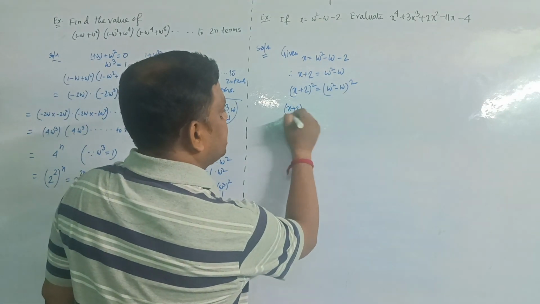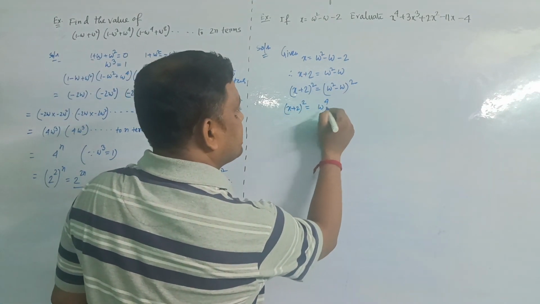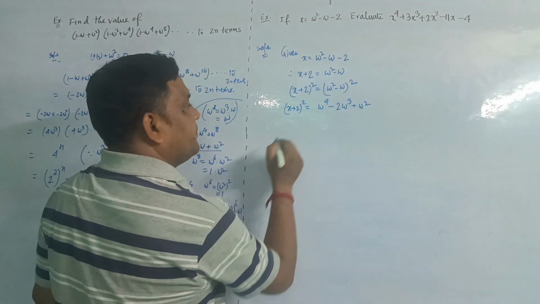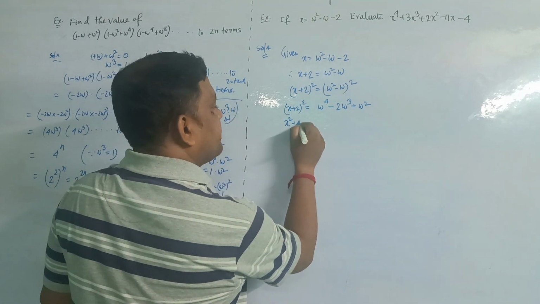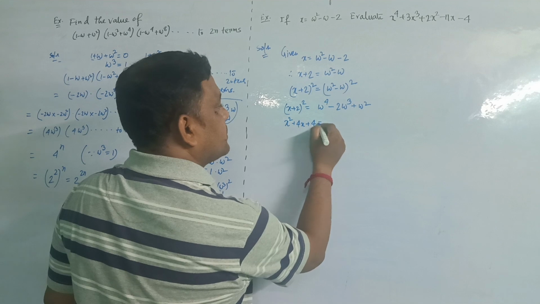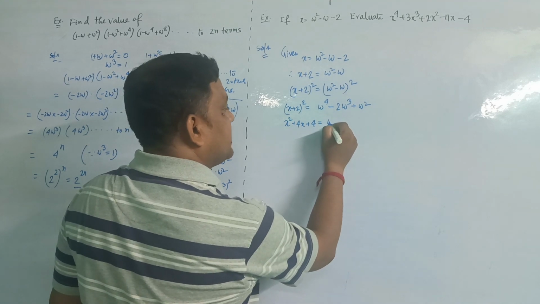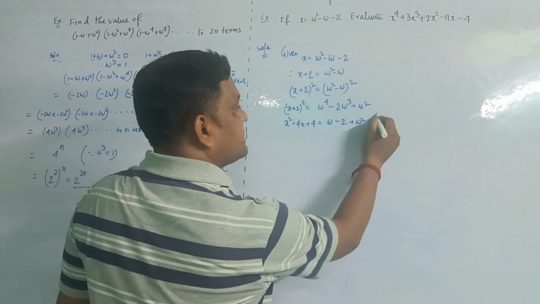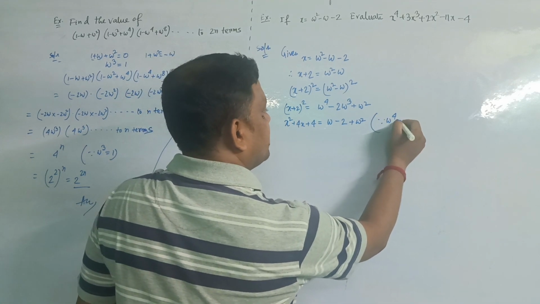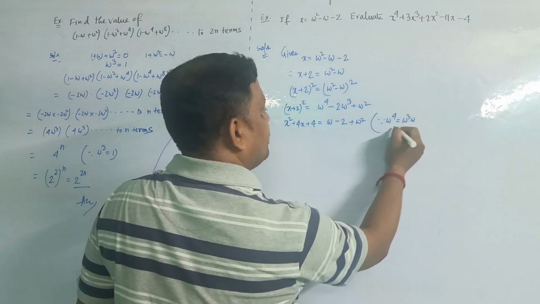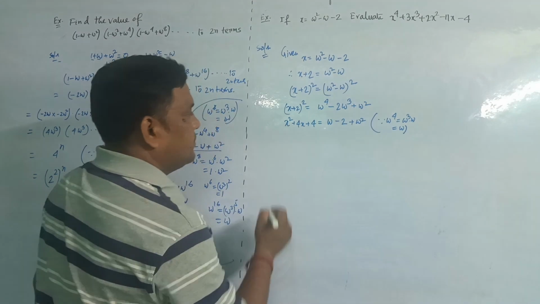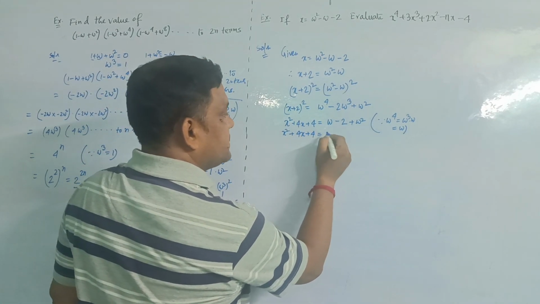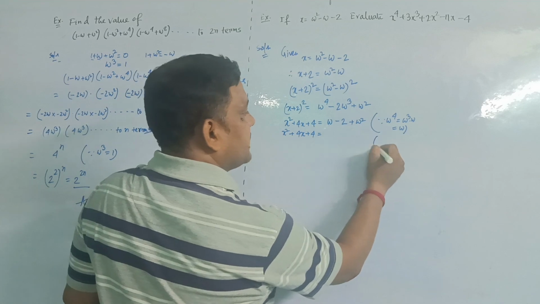So this equals x plus 2 whole square, using a square minus 2ab plus b square. So x square plus 4x plus 4 equals omega to the power 4, that means omega, minus 2 plus omega square. Since omega to the power 4 is equal to omega cube into omega, this equals omega. So x square plus 4x plus 4 is equal to omega plus omega square.